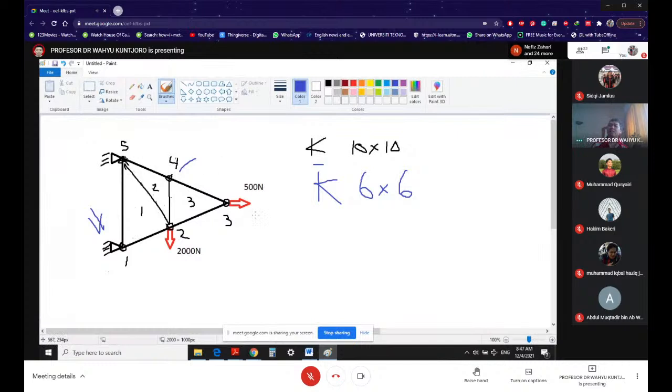You remember the question of last week? You understand D1Y, then you can specify that D1Y is 0. Okay? The reason is because at node number 1, in the Y direction, it cannot move. The reason is because it is a support.